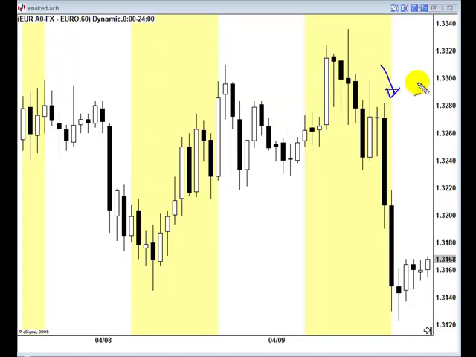Now there are two ways to do it. You can either just enter the trade as soon as you see the pattern, or you can wait for confirmation. And confirmation means that we're looking to see the price move below the low of the candle, which was the spike. All right? So you can either wait for it to move down, or you can enter the trade at that price as soon as the hour or the 5 minute or whatever rolls over.